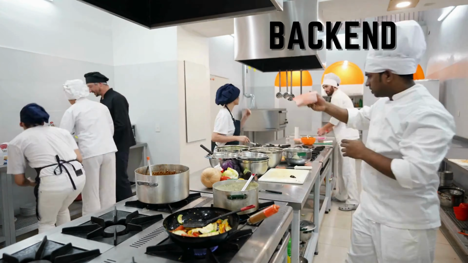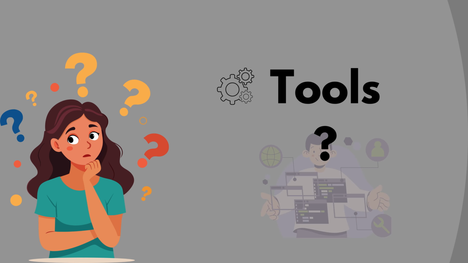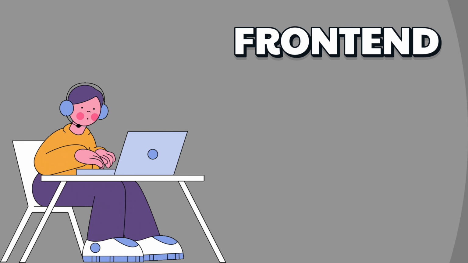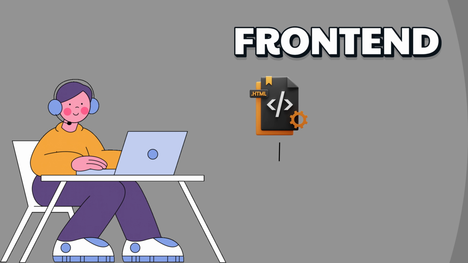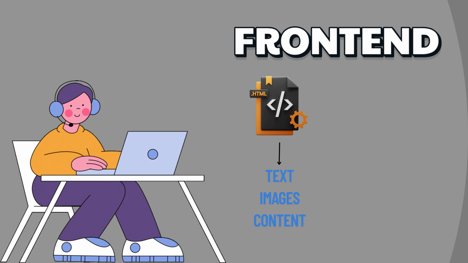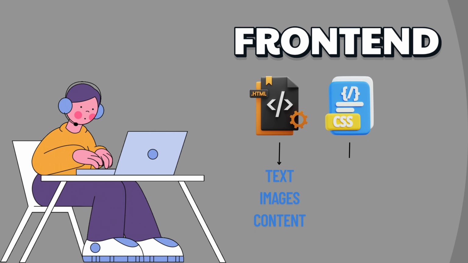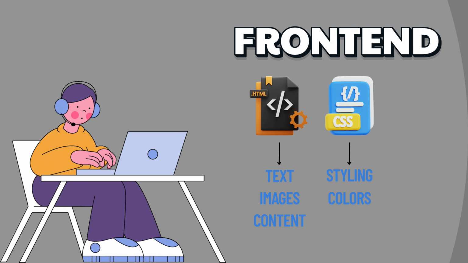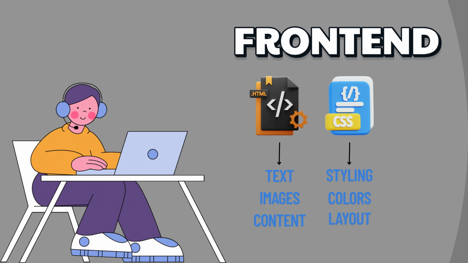So, what tools do developers use? Well, for the front end, the stuff everyone sees, developers mostly use HTML, which puts text, images, and content on the web page, CSS, which styles things, cool colors, layout, making it look great.